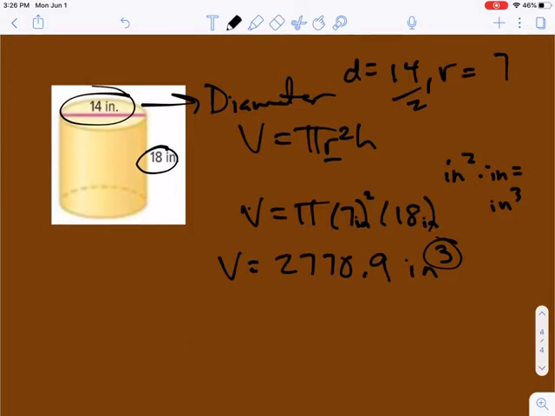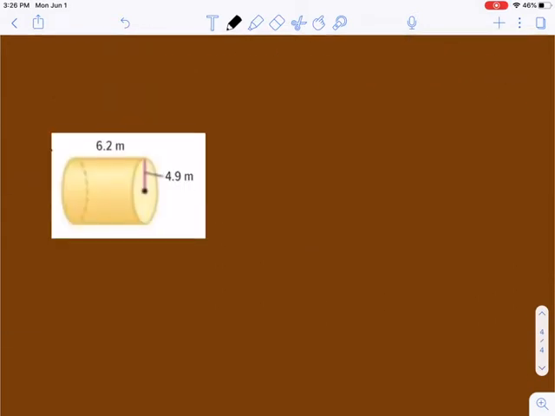Another one. Now this one, it's pretty much just making sure you use the right thing. So the volume's pi r squared h. Pi is just pi. Now, is 6.2 going to be my radius or my height? Look at that and ask yourself that. Well, it's on the side of the cylinder. And the diameter or the radius, whichever you're going to use, is always inside that base.